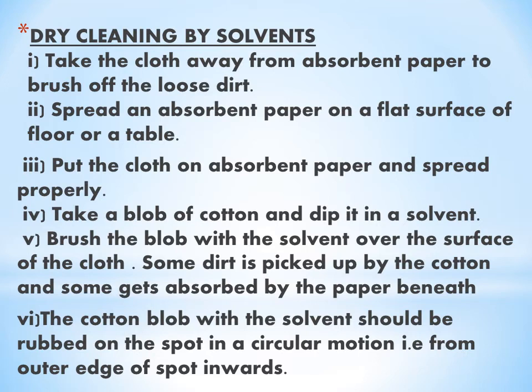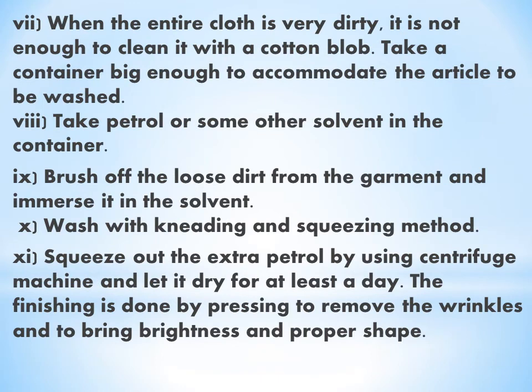edge of spot inwards. When the entire cloth is very dirty, it is not enough to clean it with a cotton blob. In that case, a bigger container is taken which has enough of the solvent and that accommodates the article to be washed.